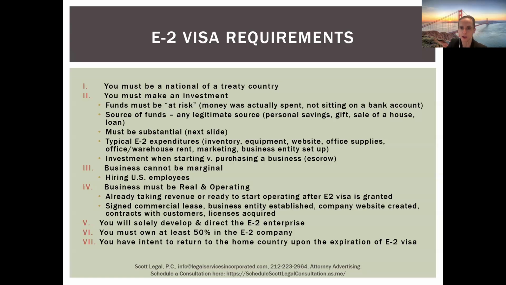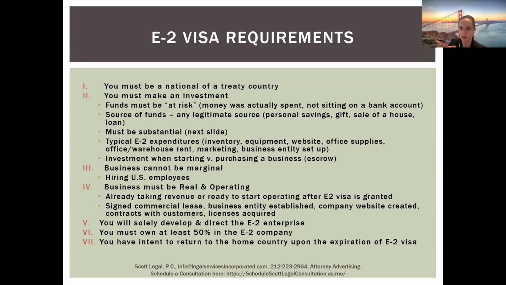In case you are starting a new business in the US and the business is not taking revenue yet, but it's really close to getting the operation started, the only thing missing is the approval of the E-2 visa. In that case, you would be submitting evidence showing that you set up the entity in the US, you made the investment, you have set up a bank account, you have set up a website, you have signed a lease.